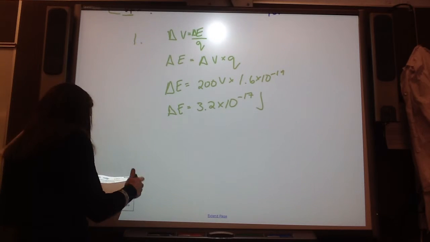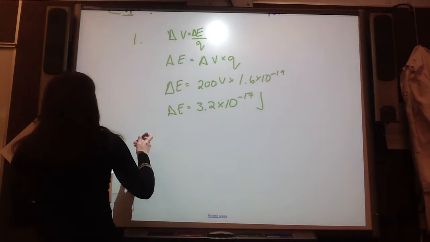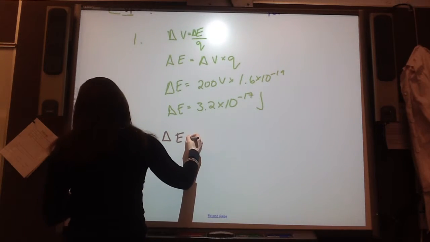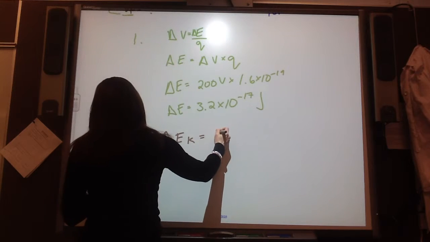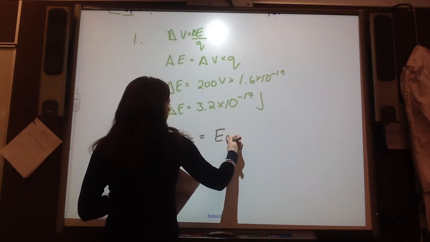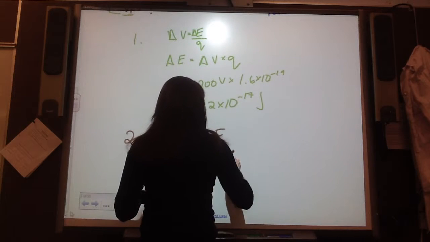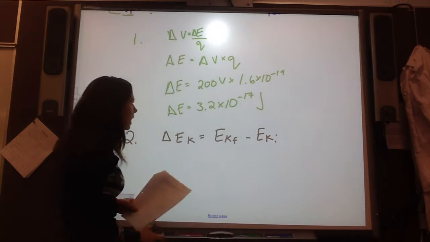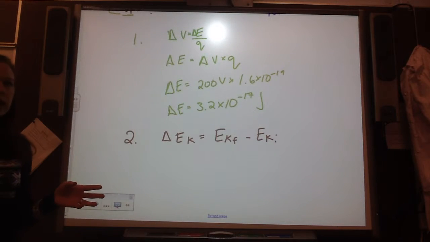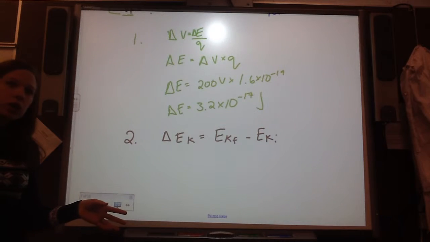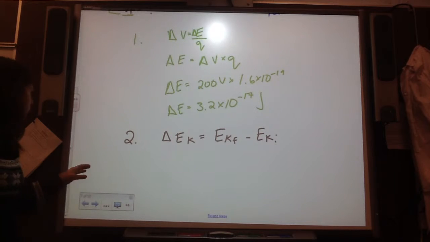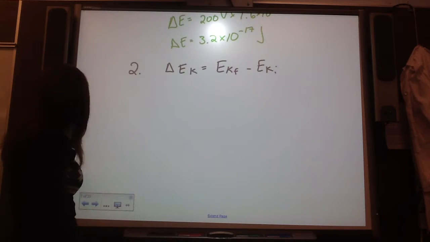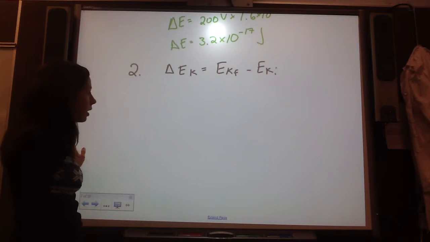So now the second step: I'm going to take my delta E and say that's my delta EK, which is EKF minus EK initial. I can make that assumption because it's starting from rest. All of its kinetic energy had to have come from that potential energy, so your delta E is automatically your delta EK.